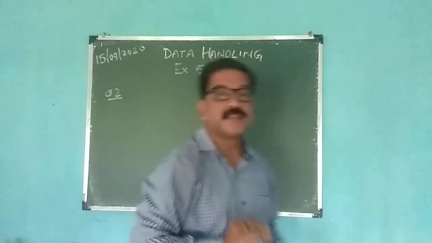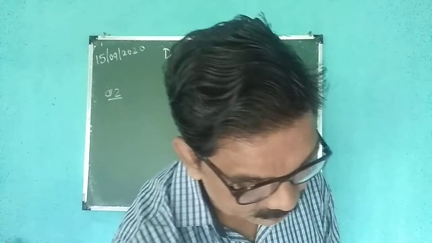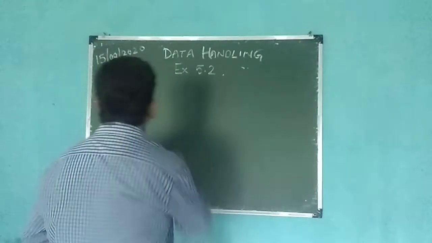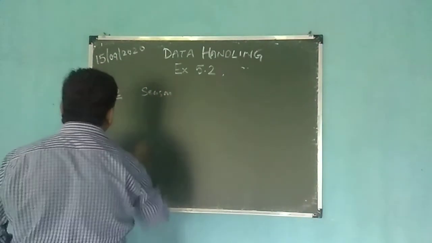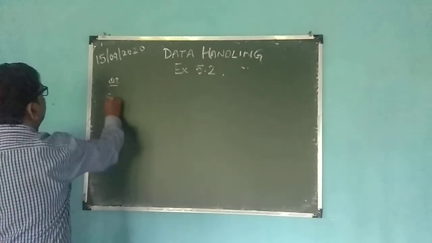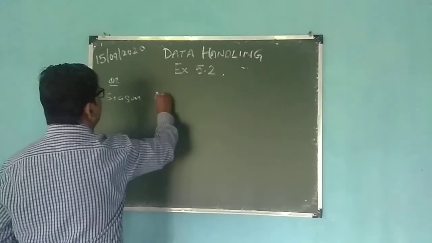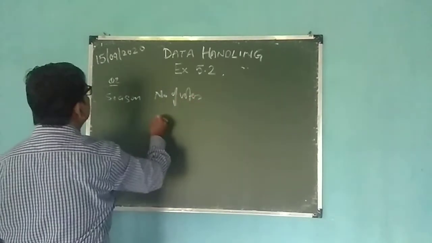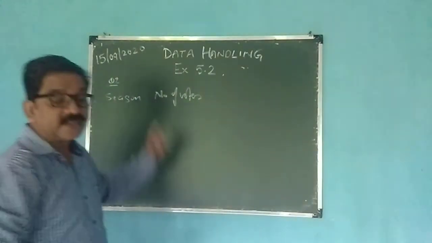I'll explain all this, and at the same time I'll give you the notes also, but try to understand first. Now they have given the season and number of votes. Only these two parts are given, season and number of votes.